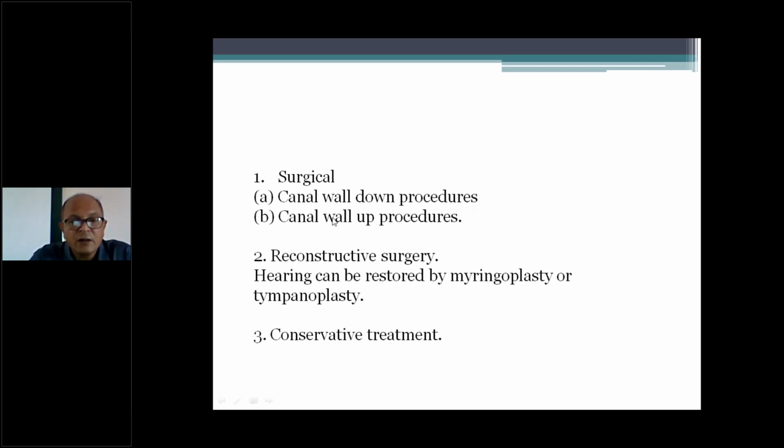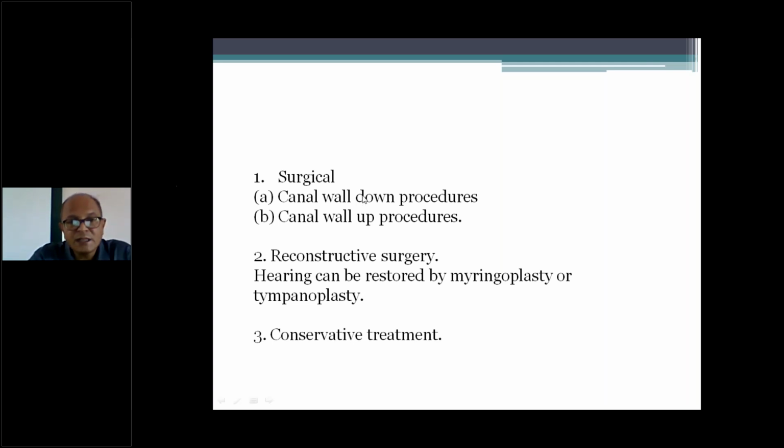Now, this canal wall down procedure, we do it routinely here. Our protocol is, in case of a cholesteatoma, you go for a canal wall down procedure, try to remove the disease very nicely and thoroughly, and then you think of reconstructing the hearing.